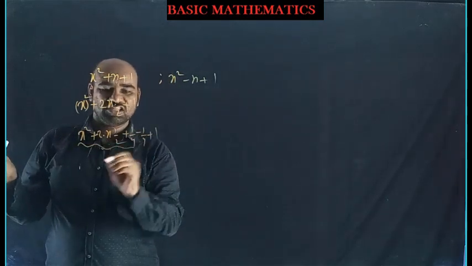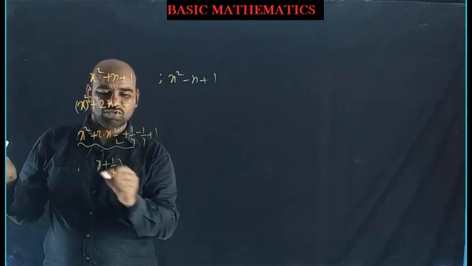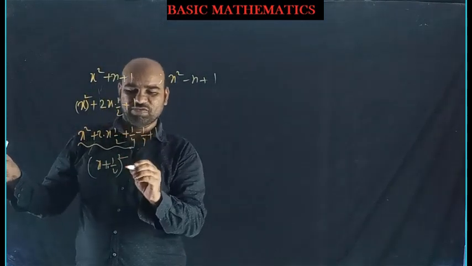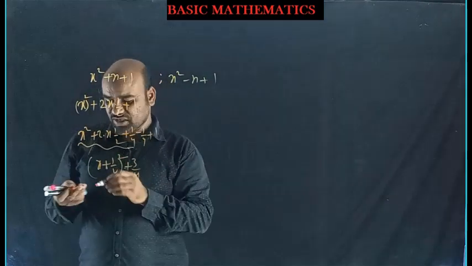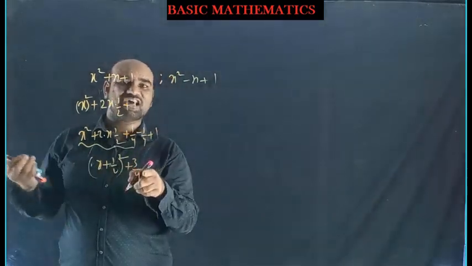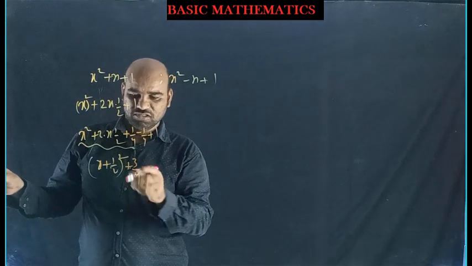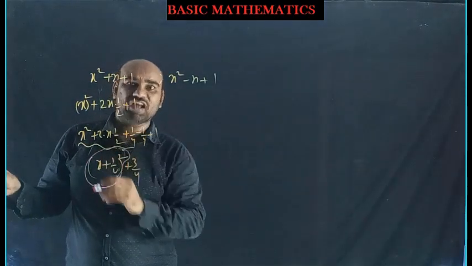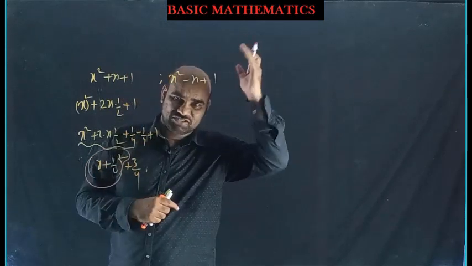So this is nothing but x plus 1 by 2 whole square minus 1 by 4 plus 1, 4 LCM, plus 3 by 4. Observe here, this expression is always greater than or equal to 3 by 4. x plus 1 by 2 whole square is a non-negative number, it may be 0 or greater than 0.